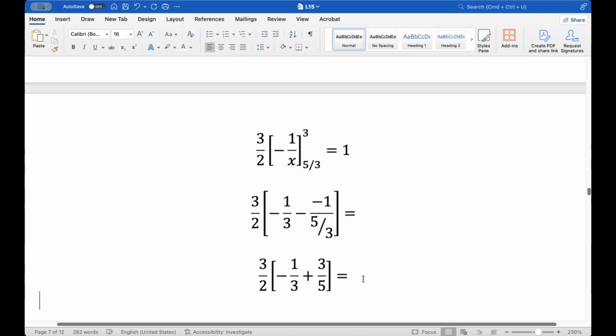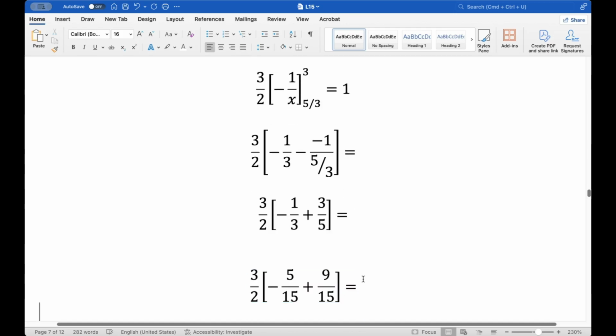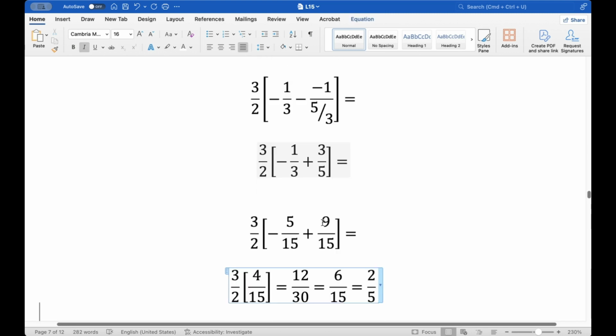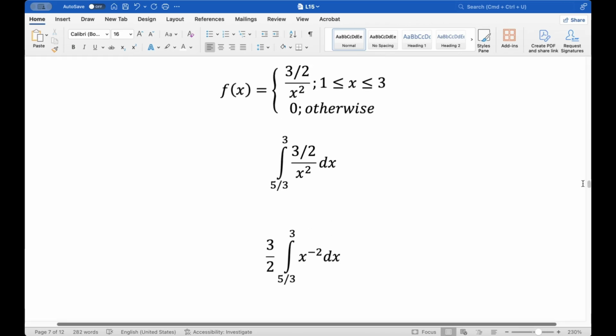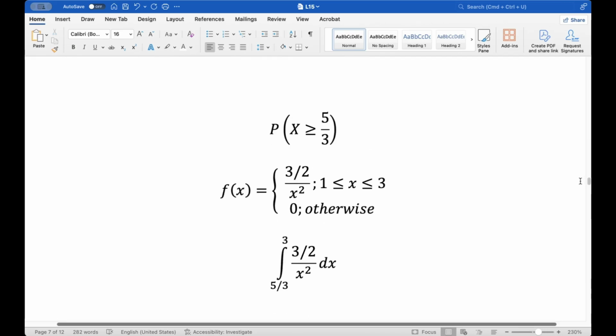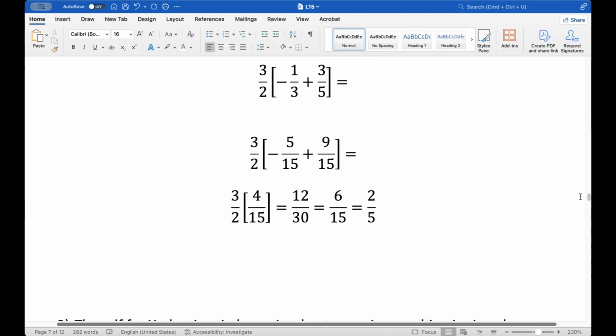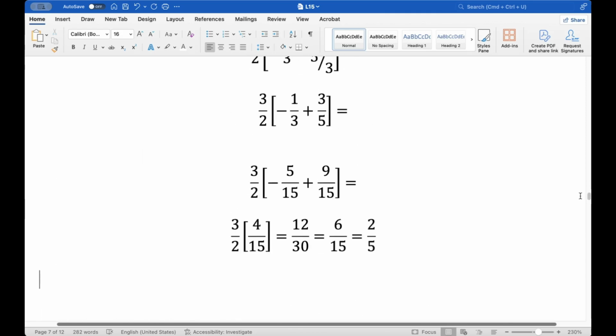Common denominator of 15. So it's negative 5 over 15 plus 9 over 15. That's 4 over 15 times 3 halves. So that's 12 over 30, which reduces to 2/5. So the probability that x is greater than or equal to 5/3 is 2/5, or about 40%.